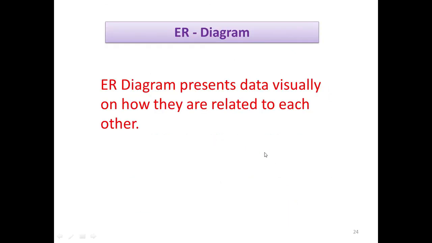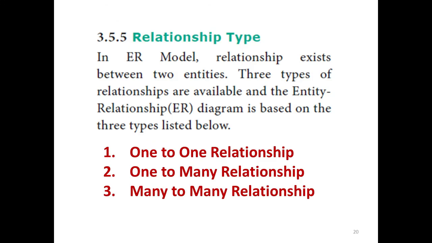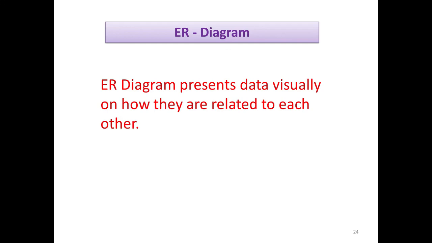Okay, then next one, ER diagram. What is an ER diagram? What is the meaning of ER? ER means entity relationship. We simply call it an ER diagram, entity relationship diagram. The entity relationship diagram presents data visually, showing how entities are related to each other.